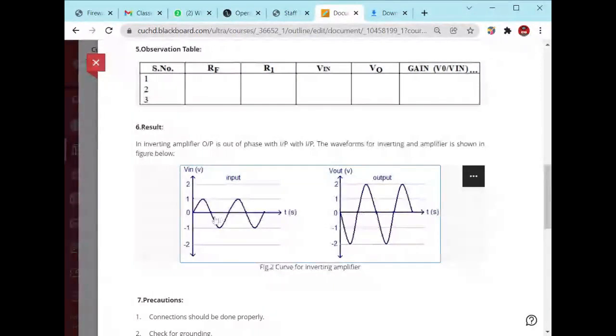Then the second lobe of the input shows 0, but the second lobe of the output shows 1. So its output is inverted, and it is out of phase with the input. The amplitude of the input voltage is 1, whereas the output amplitude of this waveform is 2. That means it amplified its input signal.